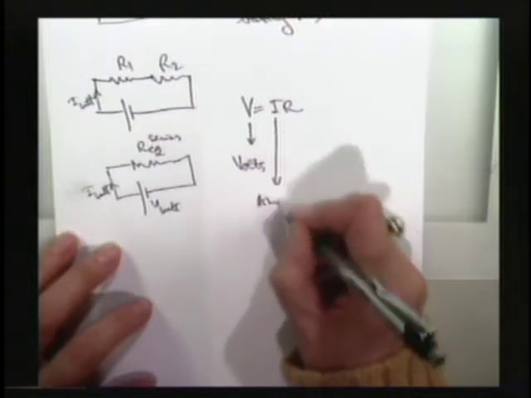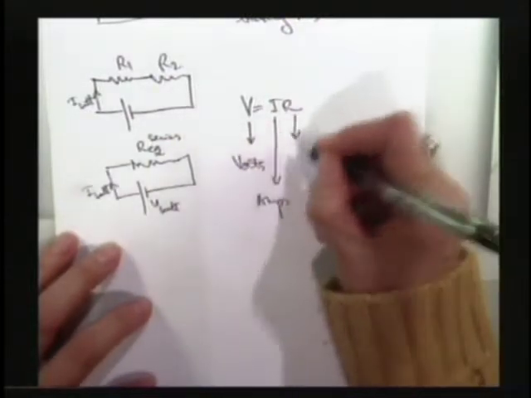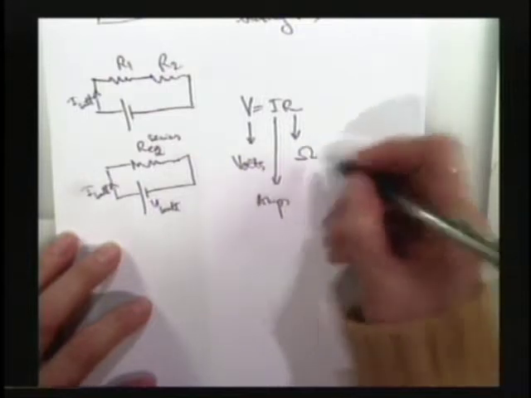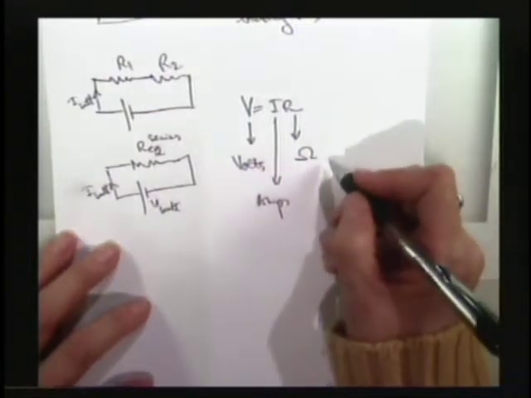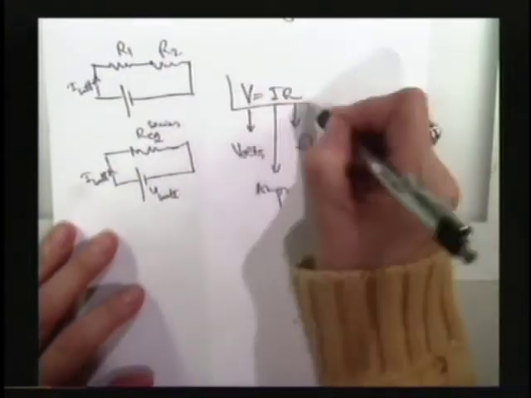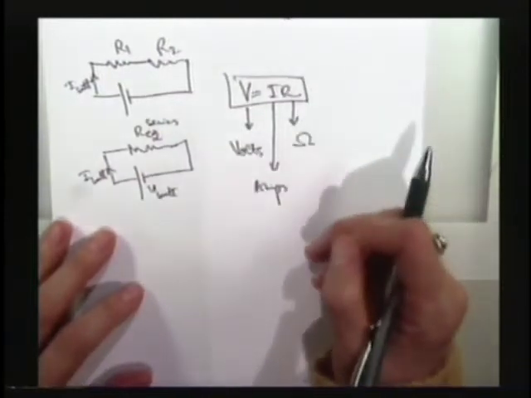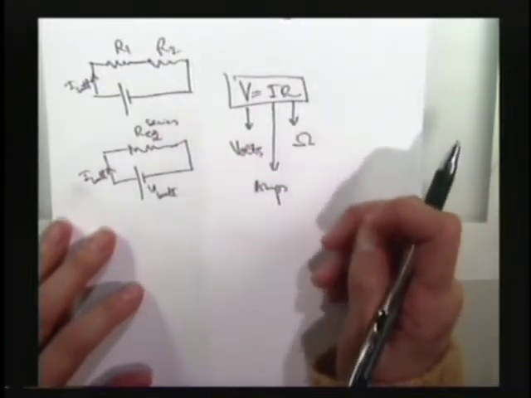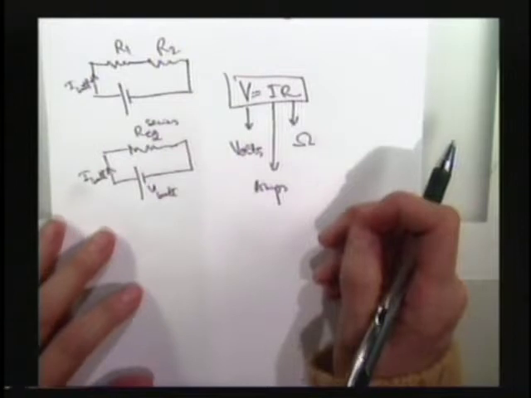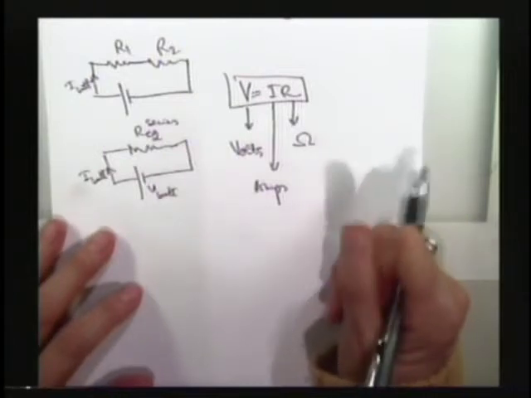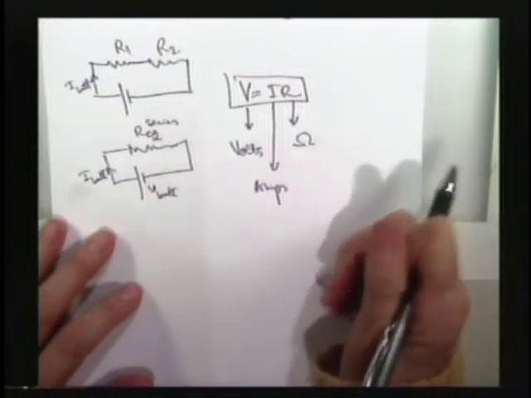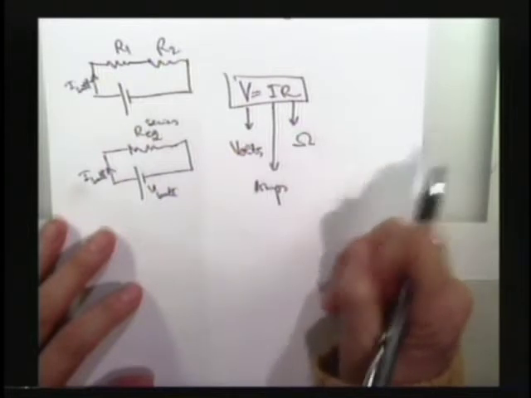Amps. Very good. And resistance? In ohms. Very good. So this is Ohm's law. Do I know any other laws? I don't think this is enough for a parallel circuit. I think I need some other rules.